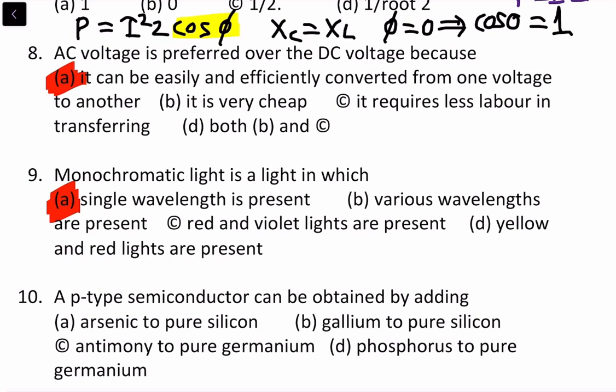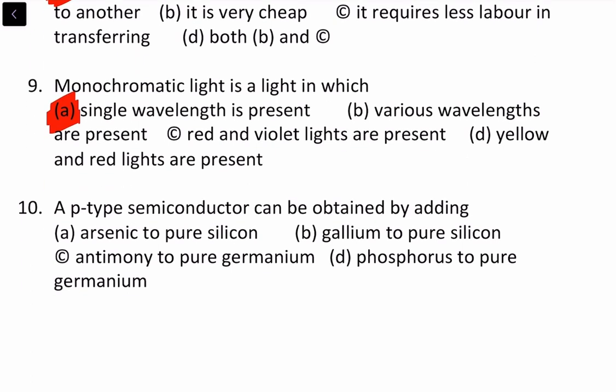And then let's go for the 10th question. A p-type semiconductor can be obtained by adding: option A, arsenic to pure silicon; option B, gallium to pure silicon; option C, antimony to pure germanium; option D, phosphorus to pure germanium. Now what we studied in theory is that whenever a pentavalent impurity is added to a pure semiconductor, we get n-type semiconductor.